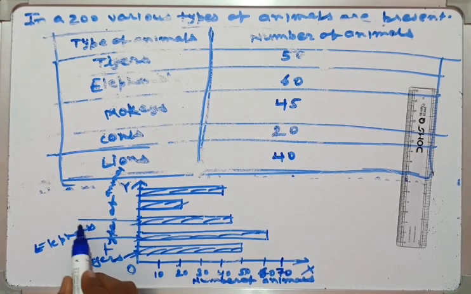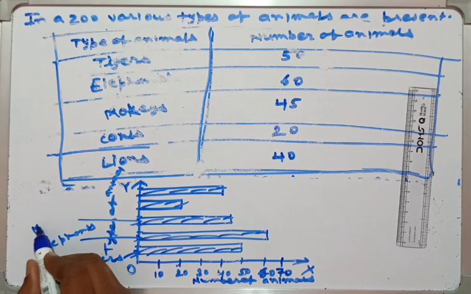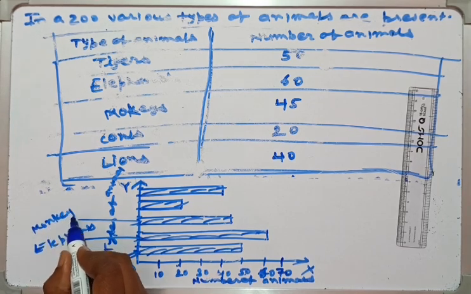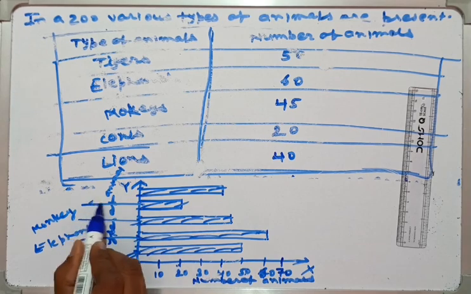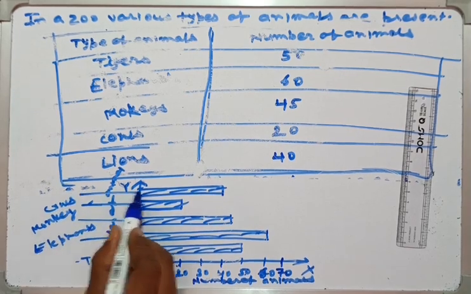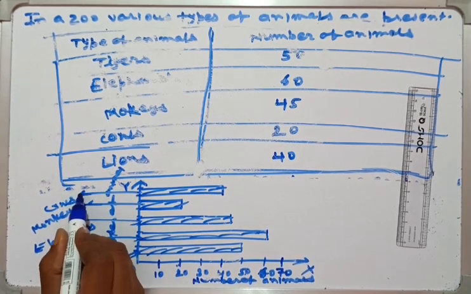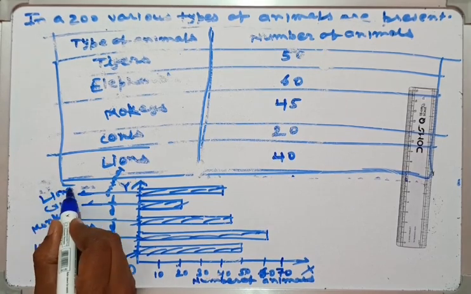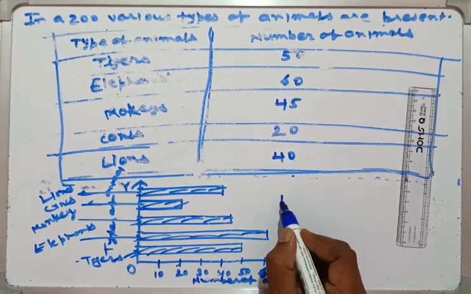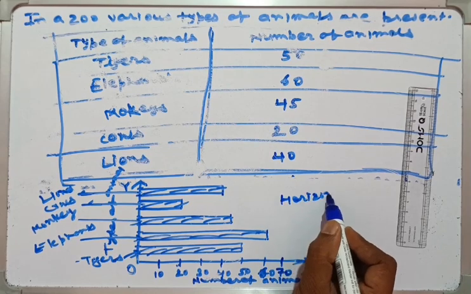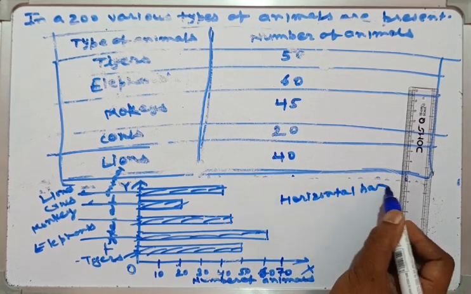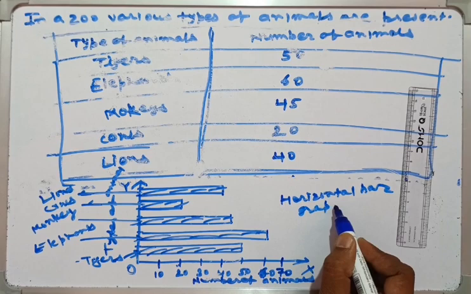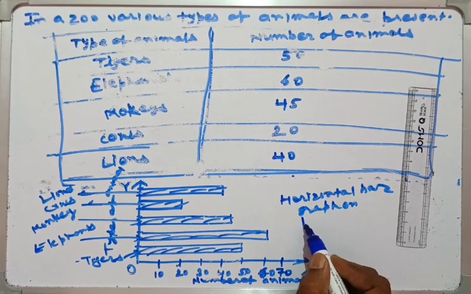And guys, this one represents monkeys, this one represents cows, and this one represents lions. So guys, in this way you can draw a horizontal bar graph on plain paper.